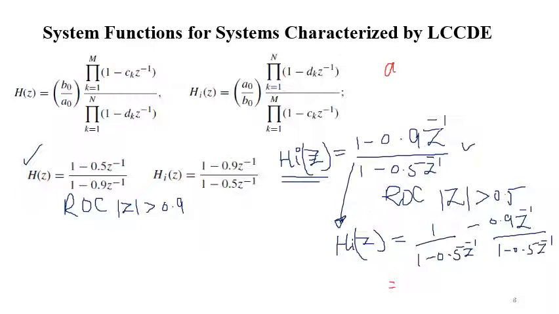If you compare with the generalized form, A to the power n u of n is for the right sided sequence, and the ROC tells us that this sequence is also right sided.